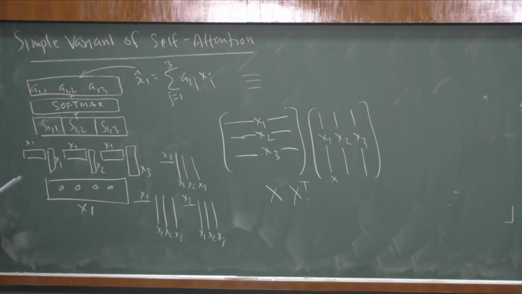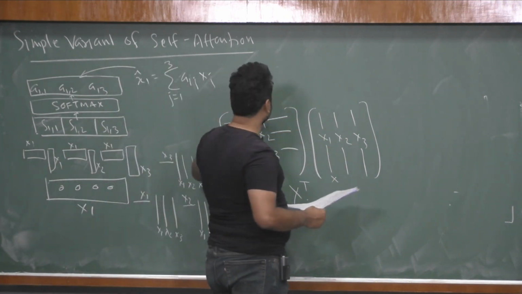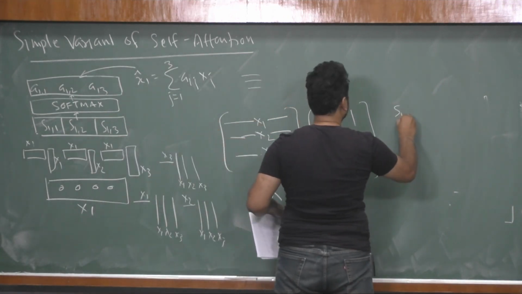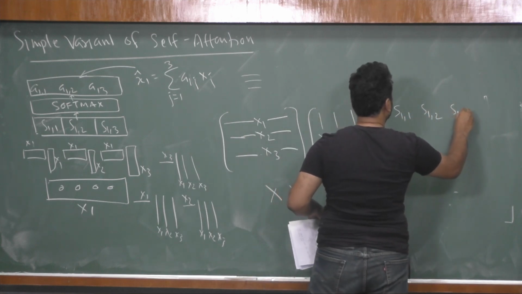So the operation that we do is basically x transpose x. The first row that I get from here, x1 transpose x, is exactly the values s11, s12, s13.